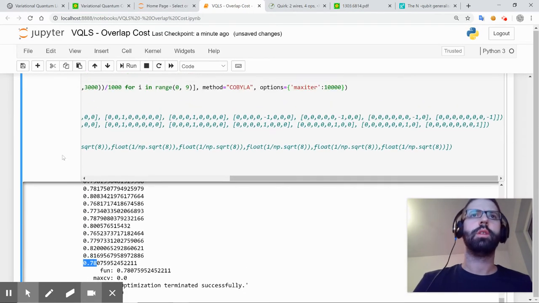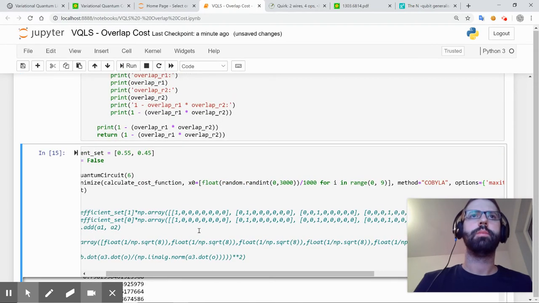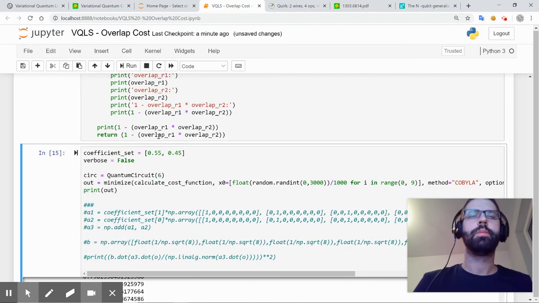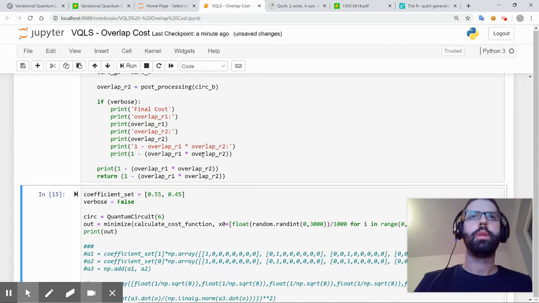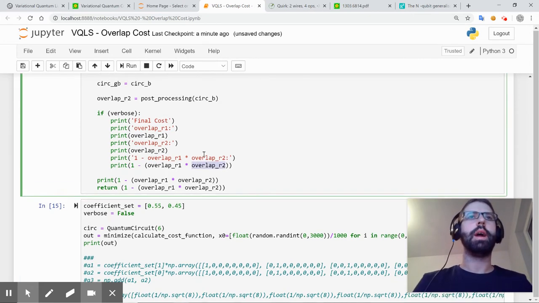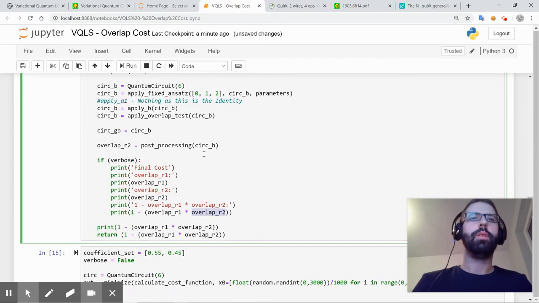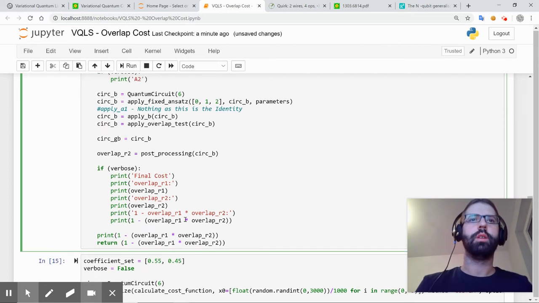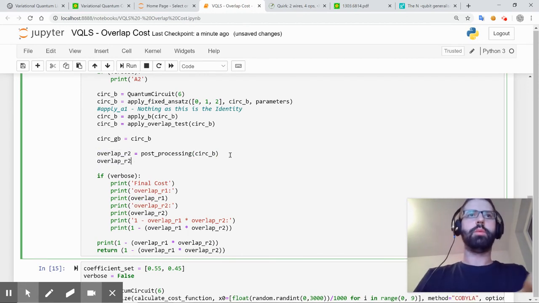Okay, so in this case, I'm doing something wrong in here. What if I just ignore the overlap two for a second, and I just say, let's assume overlap 2 is always 1, okay?